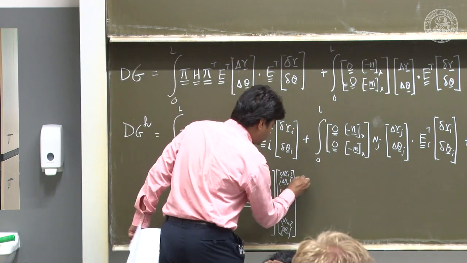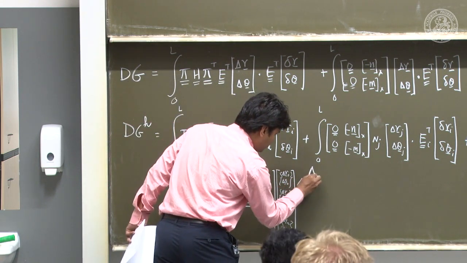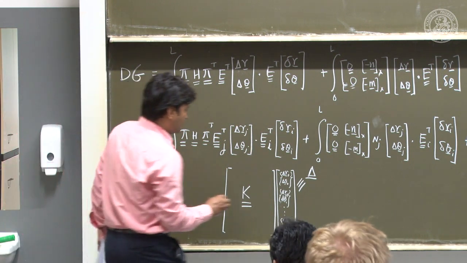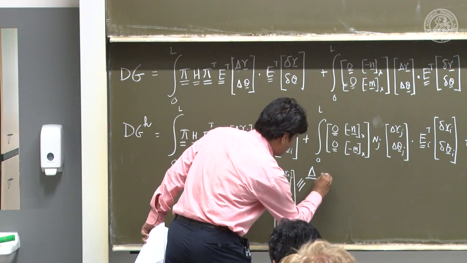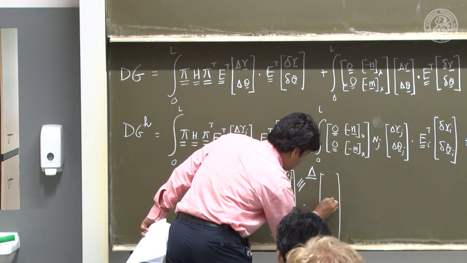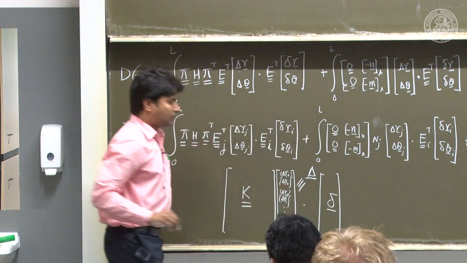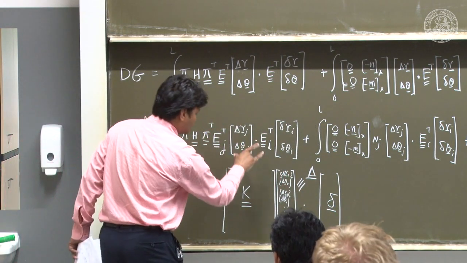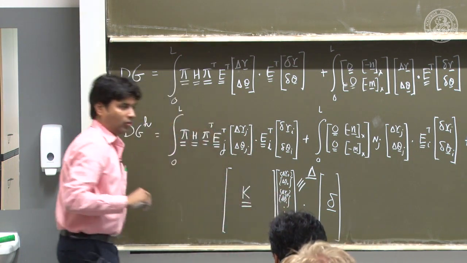So this vector, which I will call the delta vector, the vector of increments, dotted with your vector del, the vector of variations. So I want to write this in this form.